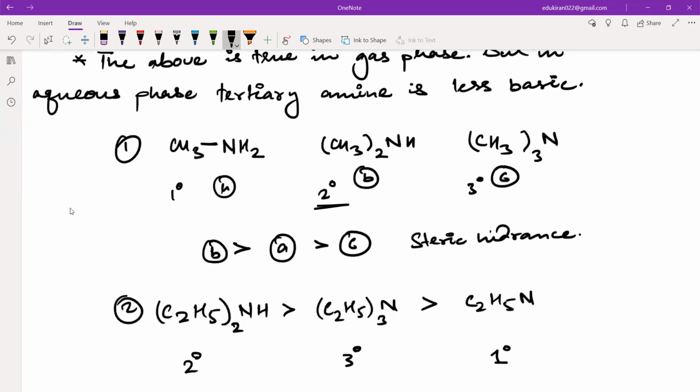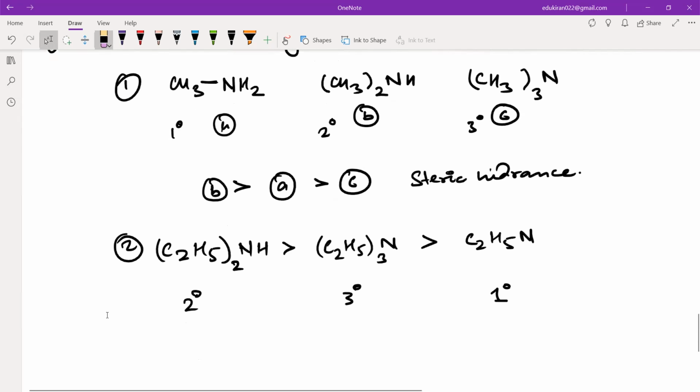Here you have 2 degree highest, followed by 1 degree, then 3 degree. But in this case, you have 2 degree highest, then 3 degree and 1 degree. So 2 degree will be highest, that is for sure, but we can't say exactly about the 3 degree and 1 degree just by looking at the structure. You have to check the basicity experimentally.